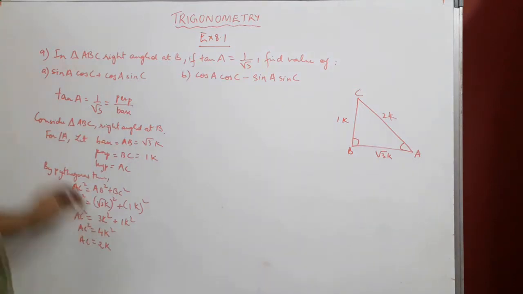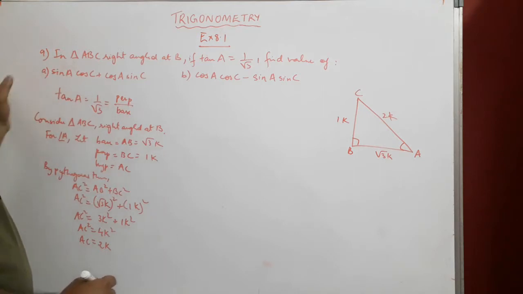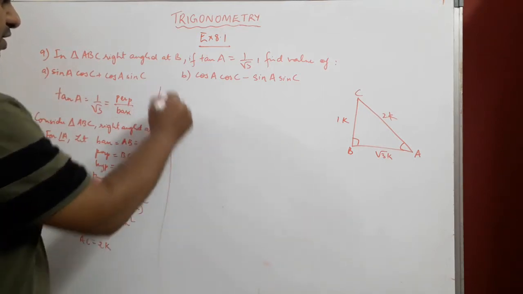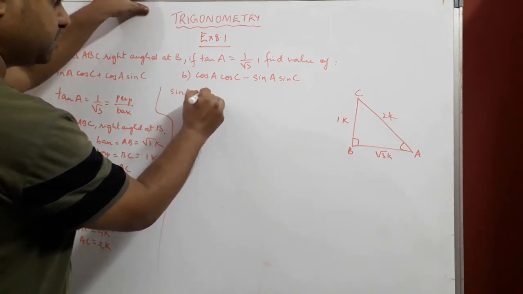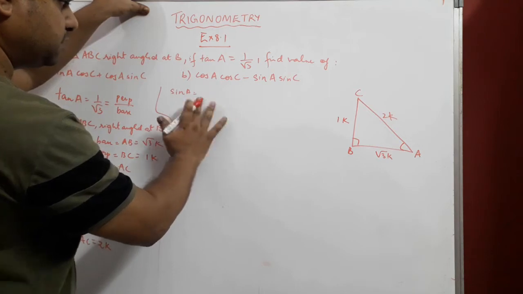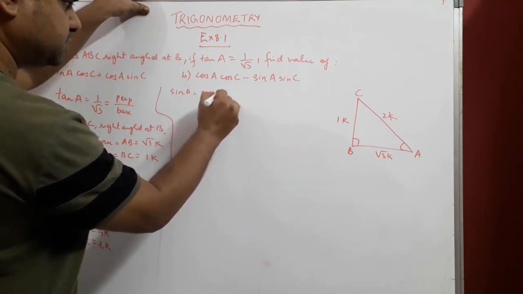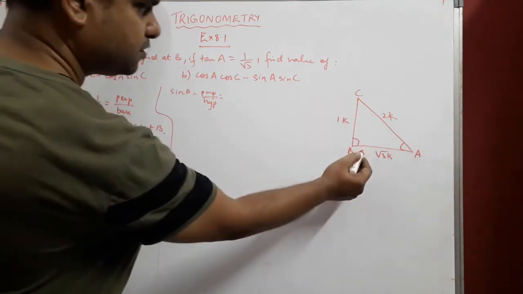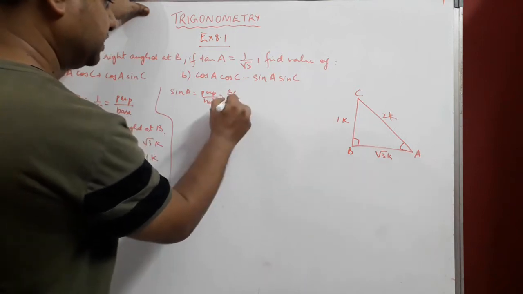Now we'll find out what is sin A and cos A first. Then we'll go to find out sin C and cos C. Well, right over here, sin A is equal to perpendicular upon hypotenuse. What is perpendicular? For A, it is BC. BC upon AC.